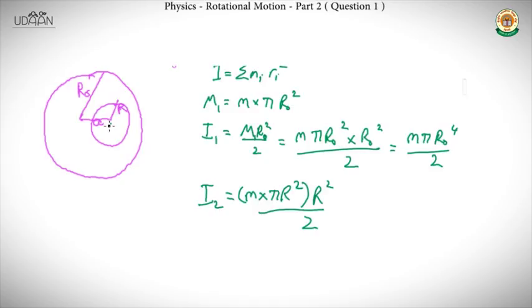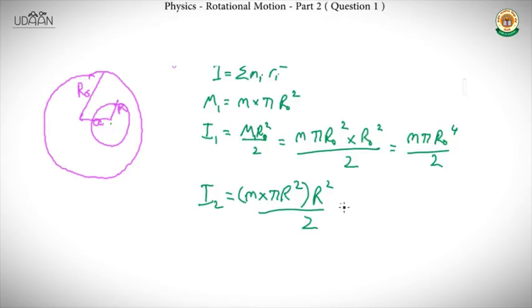But we need it about the axis of the disk of radius r0, right? So here's the catch. Here we'll use our parallel axis theorem. What the parallel axis theorem told us is that this moment of inertia can be converted for an axis which is parallel to the center of mass axis.